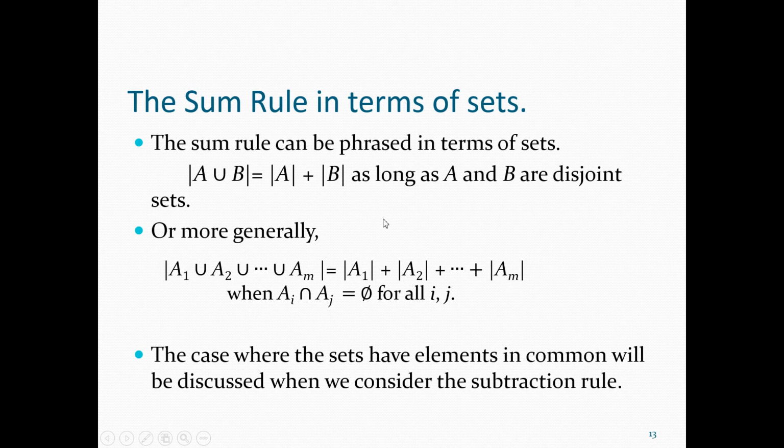Keep this in mind: A and B are disjoint, so there is nothing in common between A and B. Similarly, if we have more than two sets, then the sets are pairwise disjoint, so Ai intersection Aj is empty whenever i is not equal to j. We will study the case where there is something common between the sets, and this is called the subtraction rule.